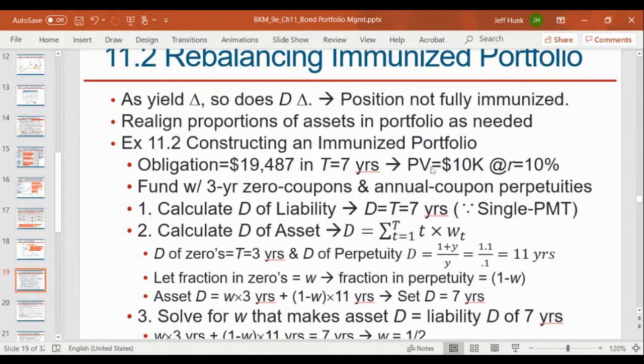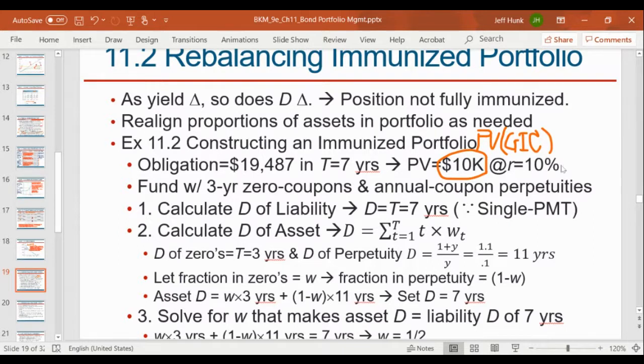So this means the present value of the GIC, and 7 years later, you will have to pay out almost $20,000, right?